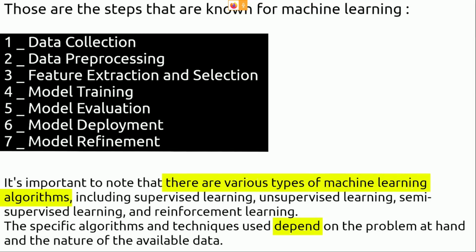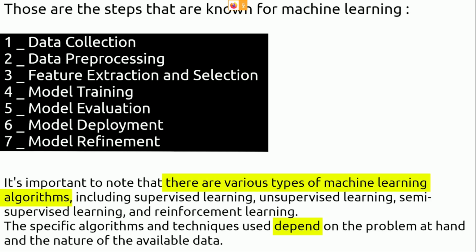So what are the known steps for machine learning, okay? At the beginning there is the data collection. So we need to collect the data. And then after that there is the data pre-processing, okay? In this step we need to pre-process the data to make it clean, and we will discuss this later on, okay?